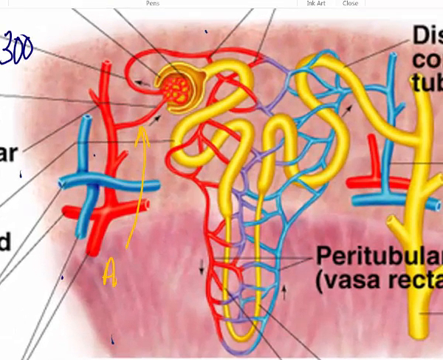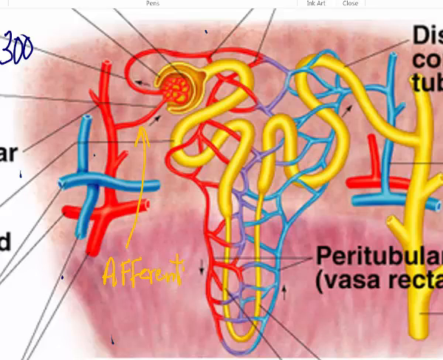And because it's moving toward it, it's called the afferent arteriole. Are you with me? The afferent arteriole is under pressure. That pressure is produced by your systolic blood pressure.